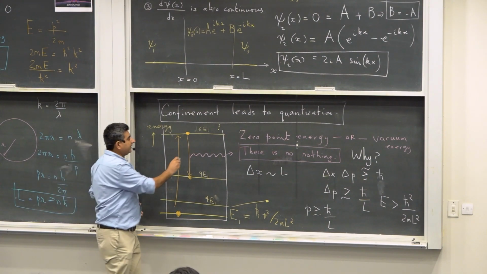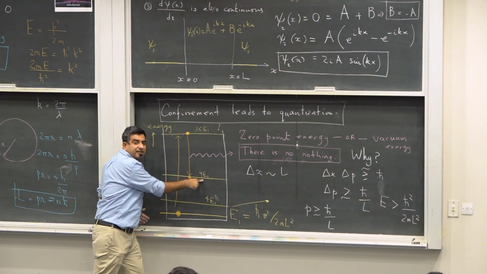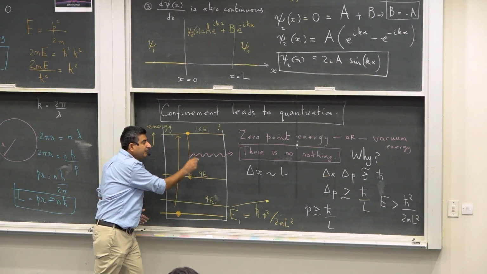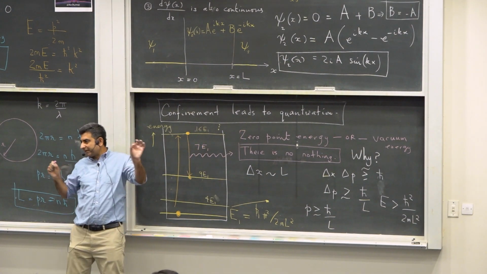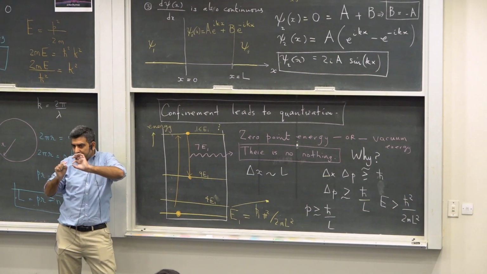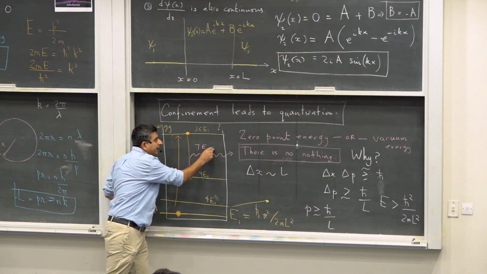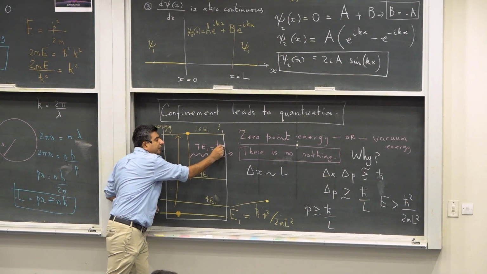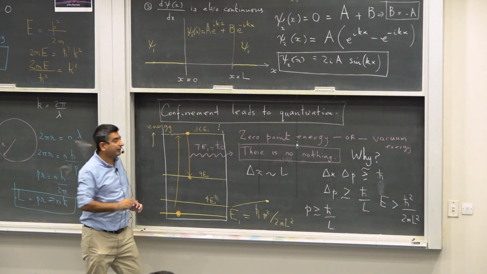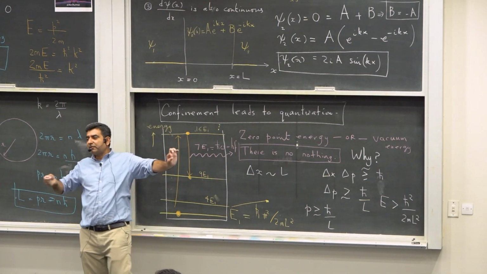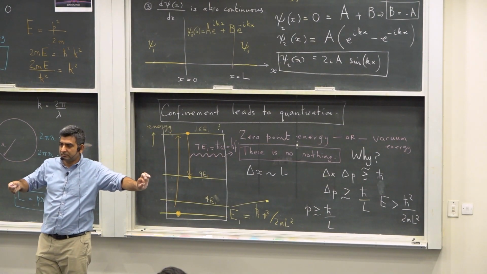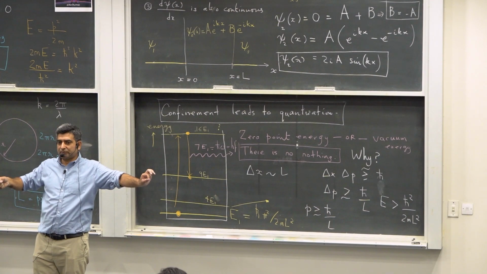That energy will be 16 E1 minus 9 E1, 7 E1. That will be the amount of energy carried by that photon. This energy is equal to h bar omega, where omega is the frequency of the photon, or hf. That determines the color of the photon that comes out, or the wavelength of the photon that comes out.